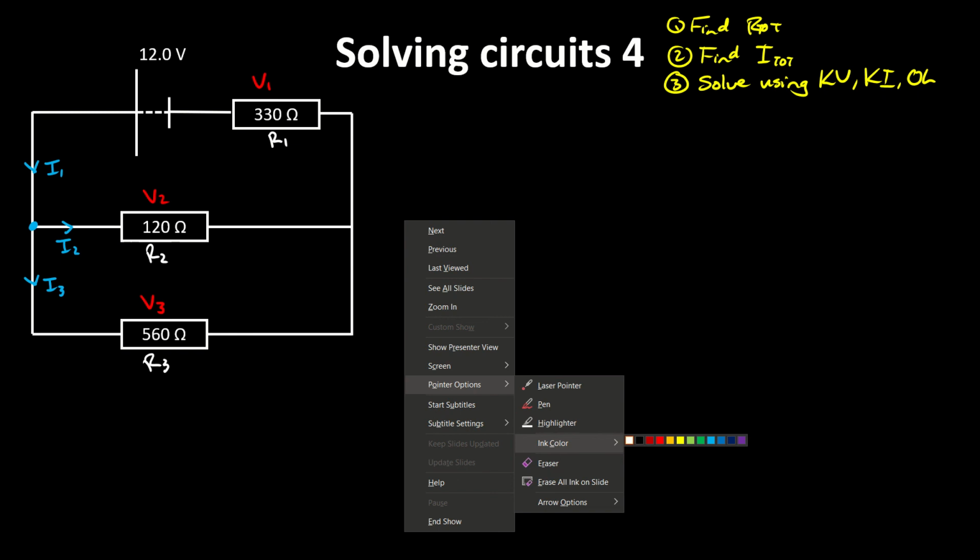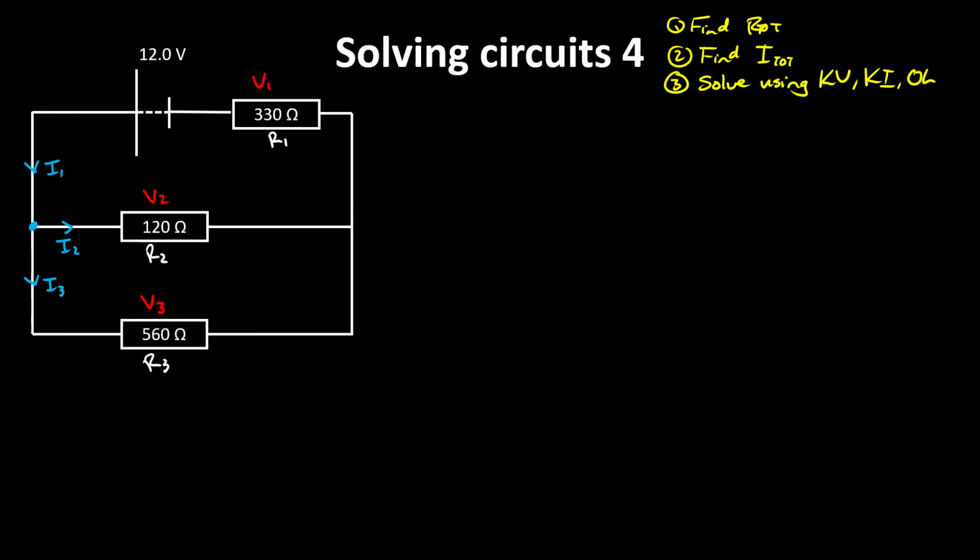So the first thing is to find the total resistance. Now we have to pair this up. First of all, we do the parallel section. It's going to be 1 over 120 plus 1 over 560, which is 0.0101.